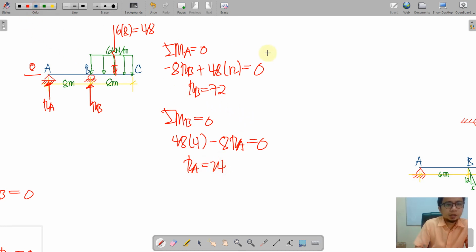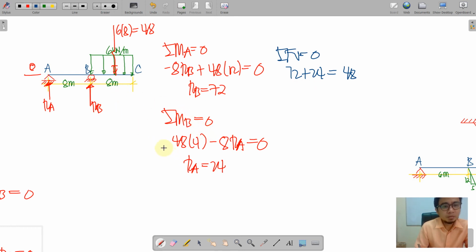So check mechanism, summation forces vertical. We have upward 72 plus 24, and then equate it to the downward. Is this equal to 48? So it is not equal to 48 because obviously this will exceed. So where is our mistake here?